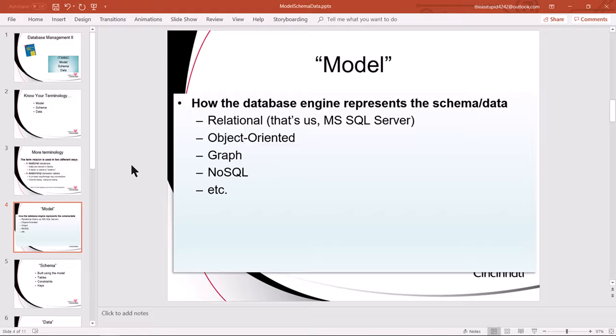Getting back to model, schema, data, the model is the underlying physical representation of the information and actually of the schema. There are many different models. Some models are wildly popular. Some models are fads. They come and go. Relational models, SQL Server, Oracle, MySQL, for example, are wildly popular and some of the most widely used databases in the world.